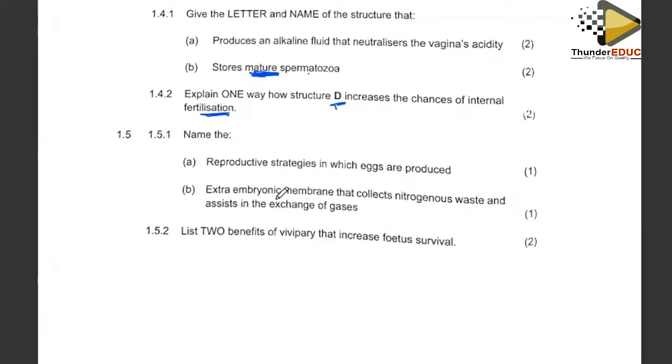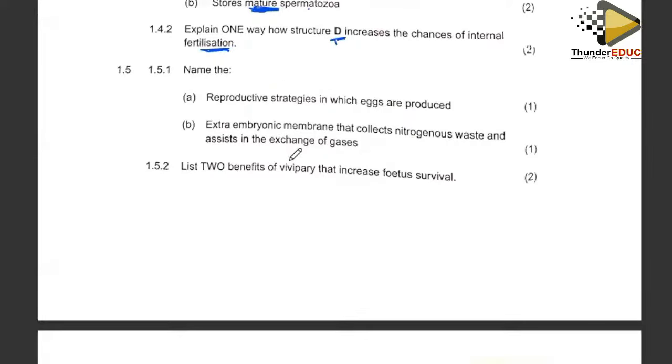The answer must be modified based on that: structure D, which is the penis, puts these sperms into the vagina, that is the female reproductive system, so that the sperms are closer to the ovum for fertilization to take place.